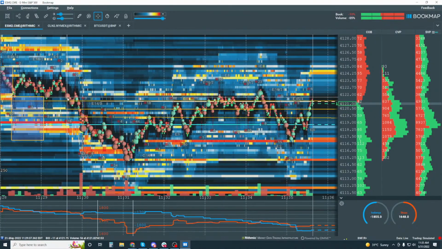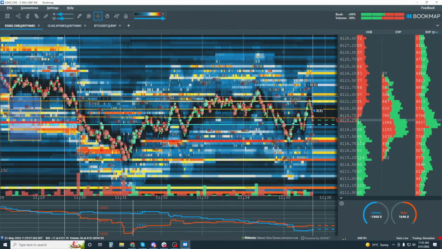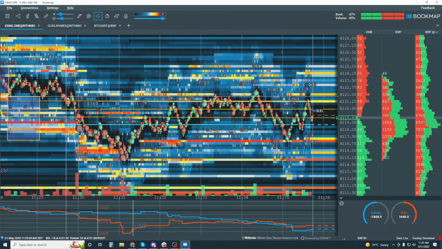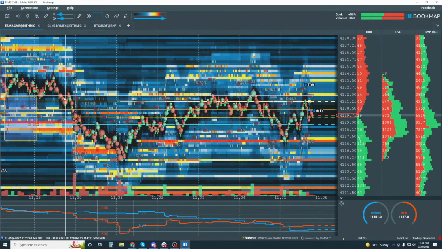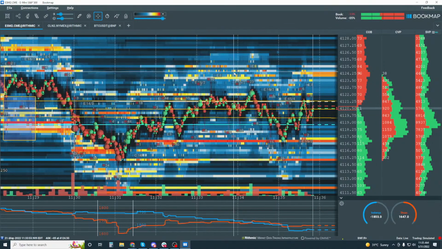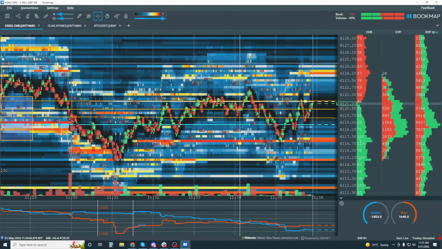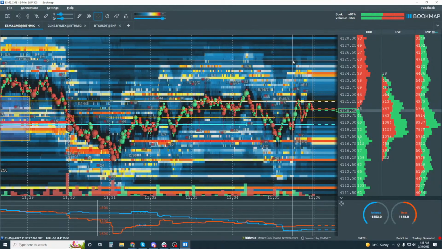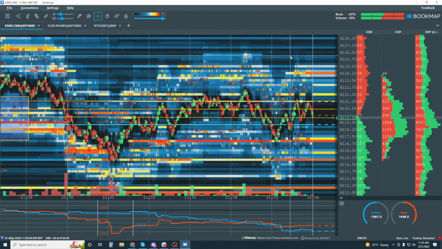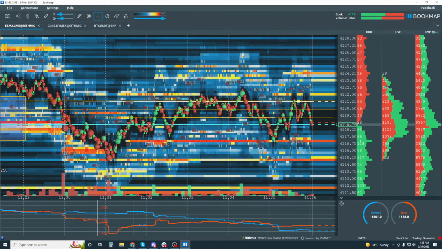Break even is up here, so I'm just about to get stopped out at break even. Around 22, something like that. So I got a little bit out of it on the scale in, and then I'm holding two legs now, two positions.